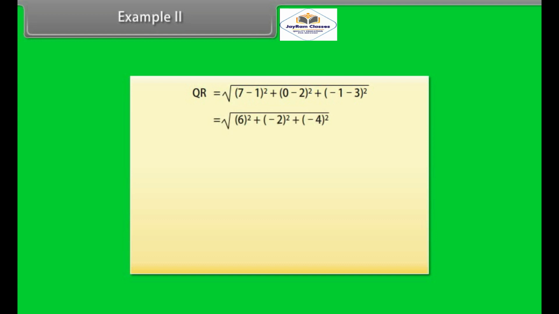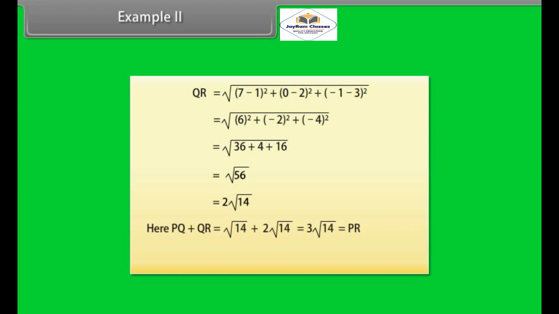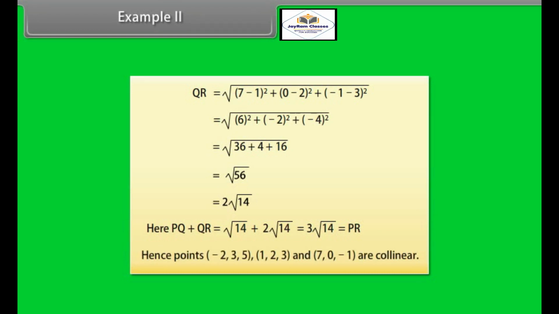After calculating QR, we get 2 into square root of 14. Here, PQ + QR = square root 14 + 2 into square root 14 = 3 into square root 14 = PR. Hence, points (-2, 3, 5), (1, 2, 3) and (7, 0, -1) are collinear.